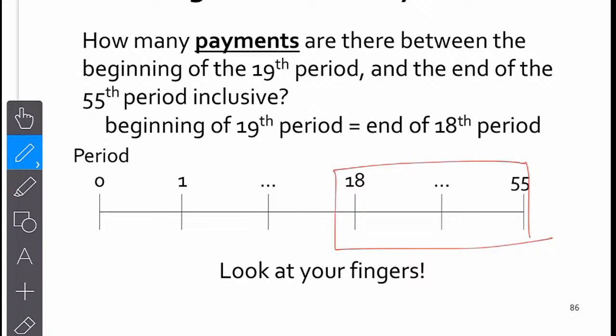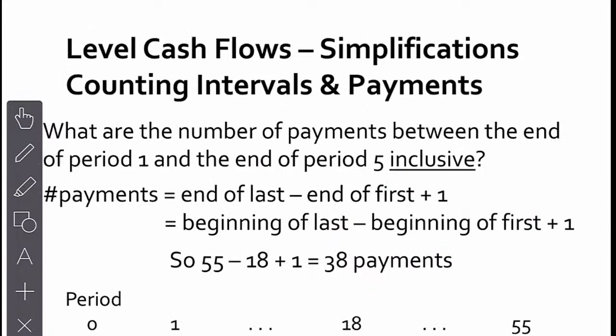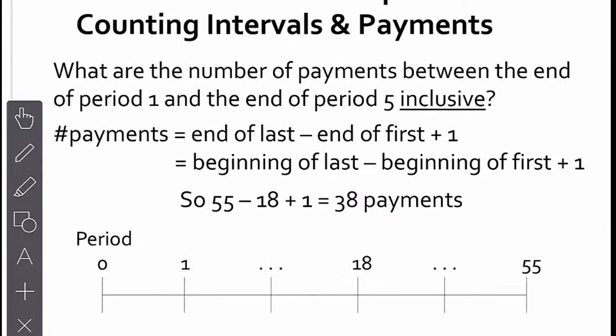That's different than intervals. So intervals is just last minus first. Payments is going to be last minus first plus 1.